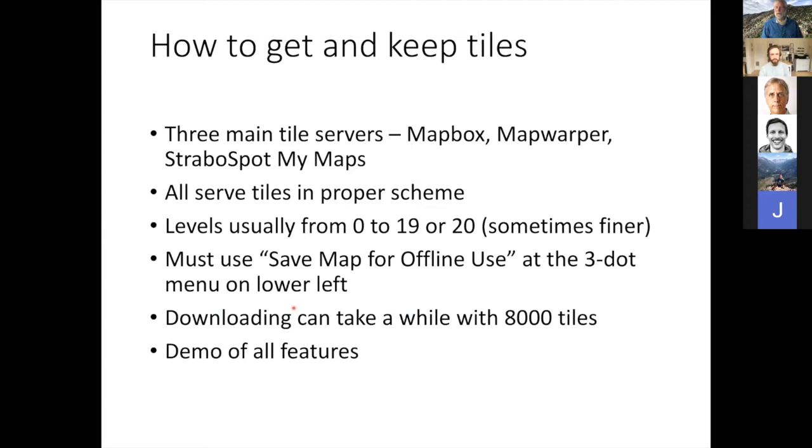All right. So how to get and keep tiles for offline use. When you're online, you don't have a problem, but for offline, there are 3 main tile servers that we use. One is called Mapbox, one is Map Warper, and the last is Strabo My Maps. I'll show examples of all of these.